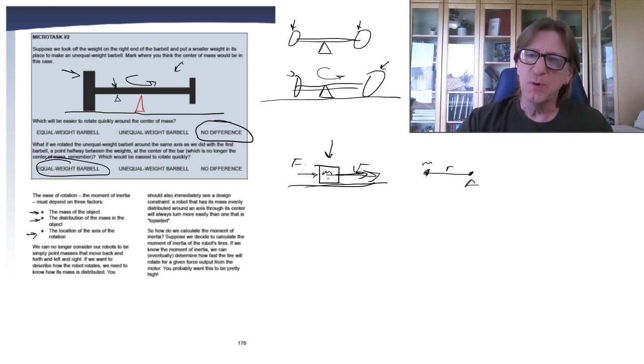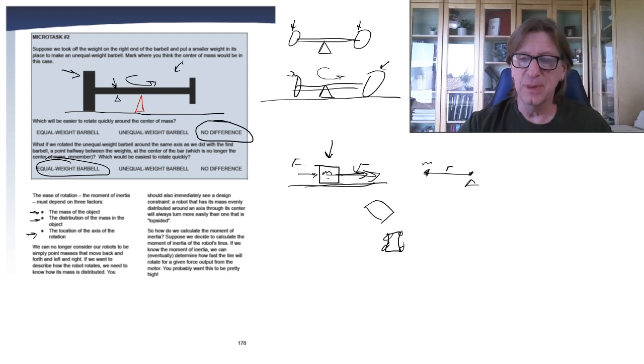So when we're looking at an actual object, be that a robot or anything else, we can no longer consider it to be a point mass that's turning or rotating. Up to this point, we may have drawn our robot going like this, right? But we actually considered all of the force to be right here in the center of mass as it was rotating around.